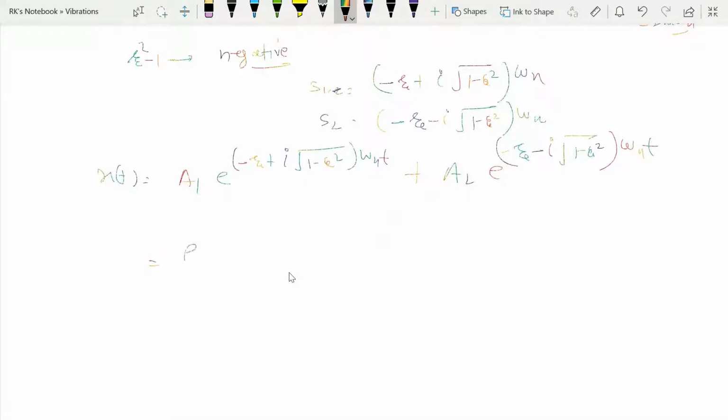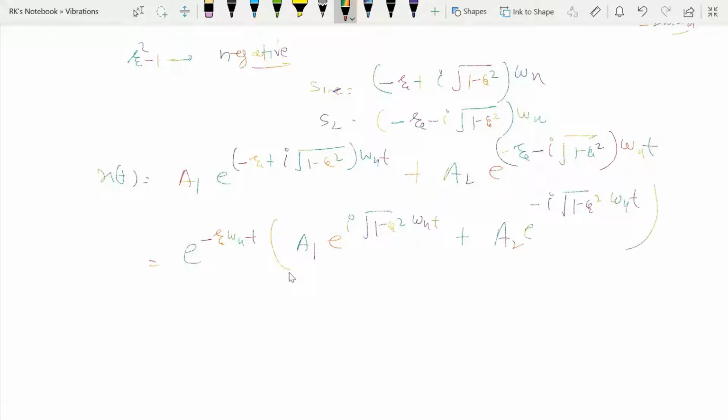So this becomes e raised to power minus zeta omega n t times A1 e raised to power iota square root of 1 minus zeta square omega n t plus A2 e raised to power minus iota square root of 1 minus zeta square omega n t, right?